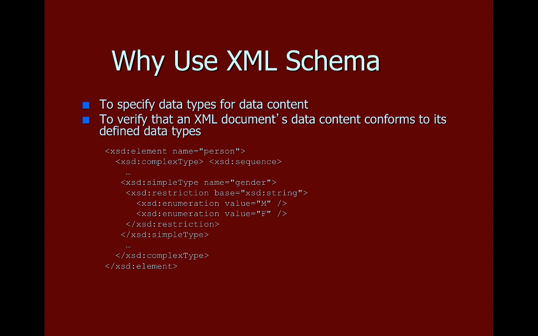So that's the idea of a data type. When you say that an element only contains certain elements, you're defining a type. Or if you say that the value of the attribute must be of a certain value, you're defining a data type, basically.